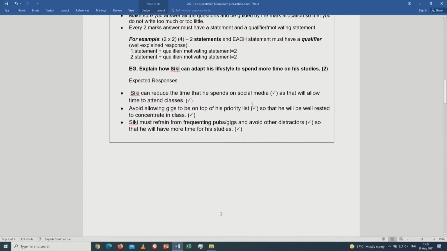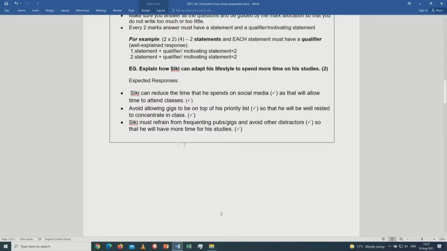You get a mark for that because it's a fact or a statement, so that he will be well rested to concentrate in class, the 2nd mark. Now, by saying these 2 bullets, these 2 answers, you get your 4 marks out of 4. Another example could be, Siki must refrain from frequenting pubs or gigs and avoid other distractions, a tick, so that he will have more time for his studies.